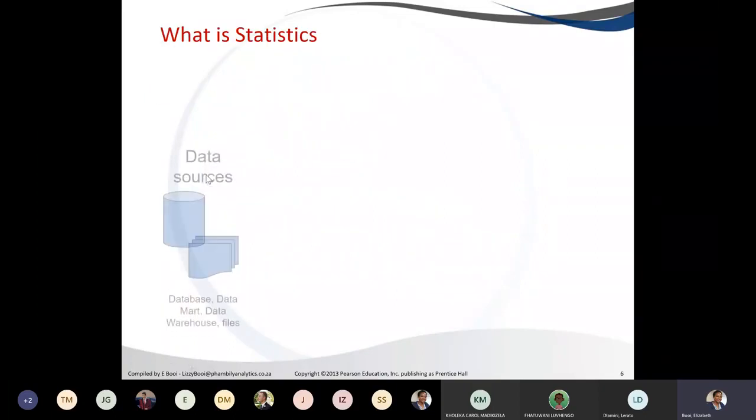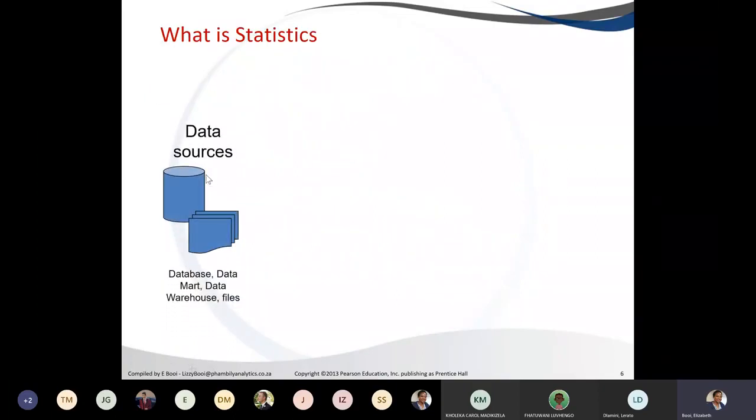Okay, what is statistics? So statistics is a way where we get information, which is data that lies in multiple sources of information somewhere on Excel spreadsheets or in databases or in our CRM systems.